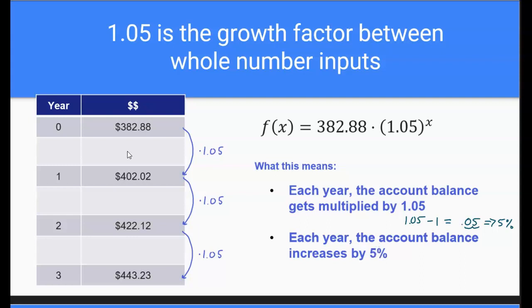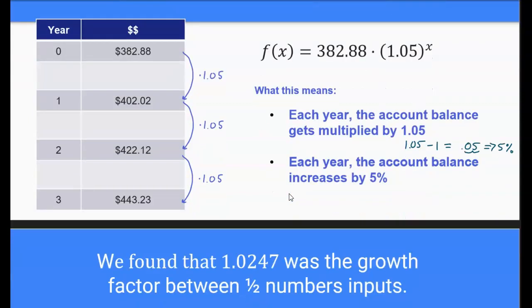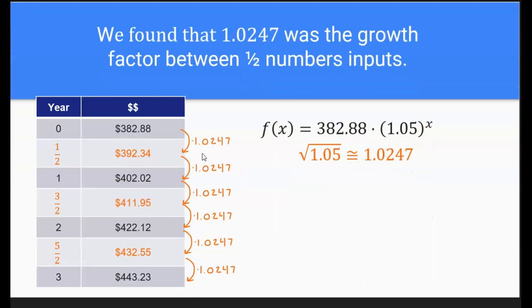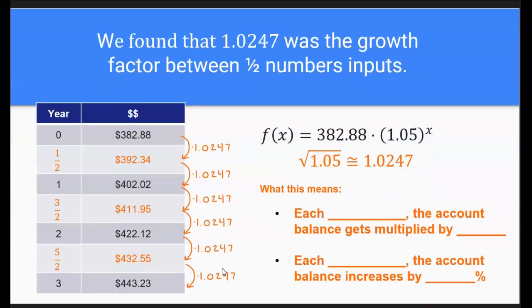So now what if we add these half years back in? Well, our multiplication factor is going to change. We said that was root 1.05, or about 1.0247, same thing. So let's talk about what that means in terms of words. For every time period here, the account gets multiplied by something.